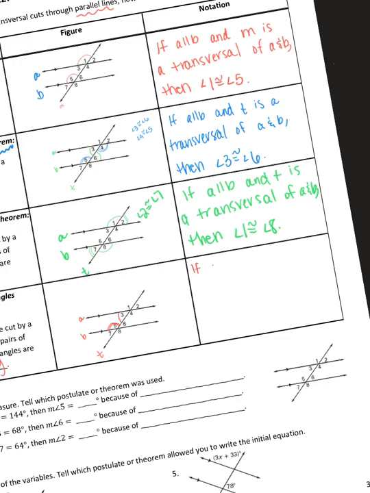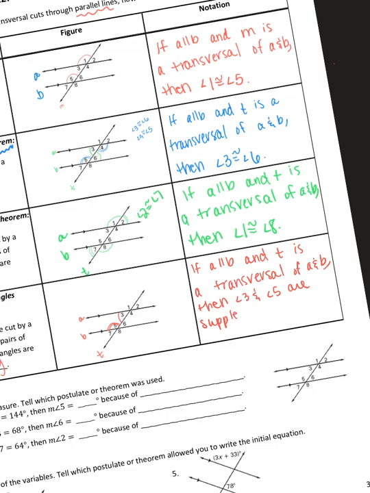So if A is parallel to B and T is a transversal of A and B, then angle 3 and angle 5 are supplementary.